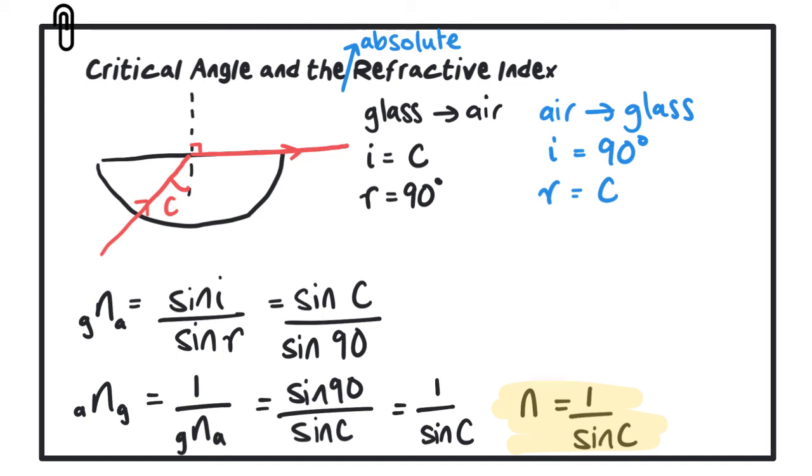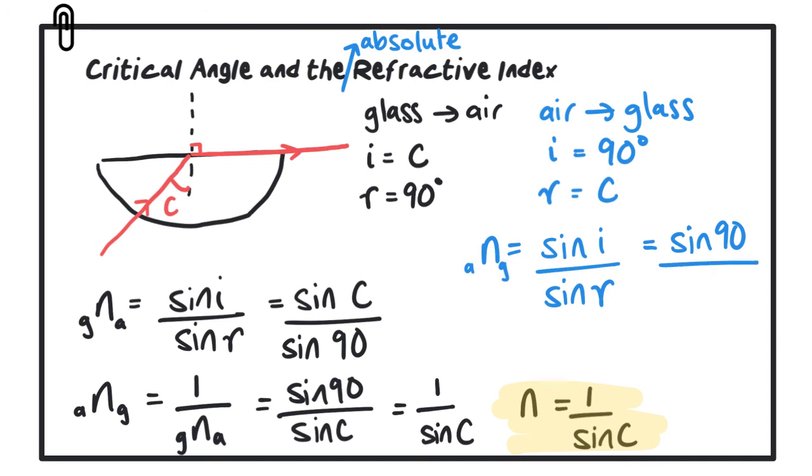Now, putting that information into the Snell's law equation, where n is equal to sine i divided by sine r, sine i is equal to sine 90, so we have sine 90 divided by sine r, which in this case is the critical angle. And now we've got the same scenario that we had before, where sine 90 is equal to 1, so the refractive index is equal to 1 over sine C. So that's two different methods of arriving at that same equation, where the absolute refractive index is equal to 1 over sine C.